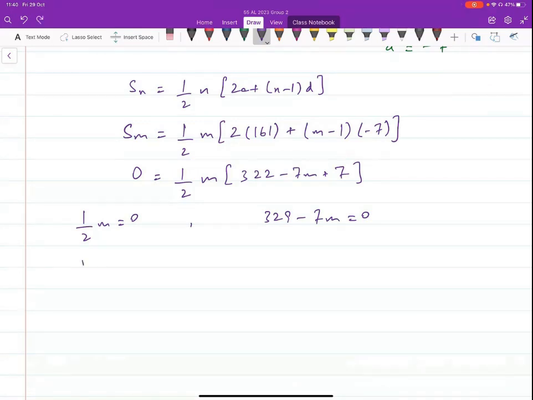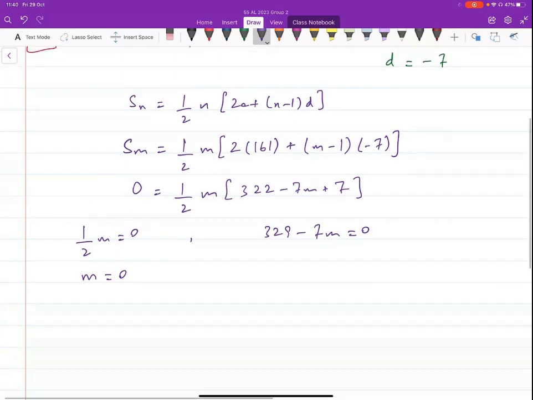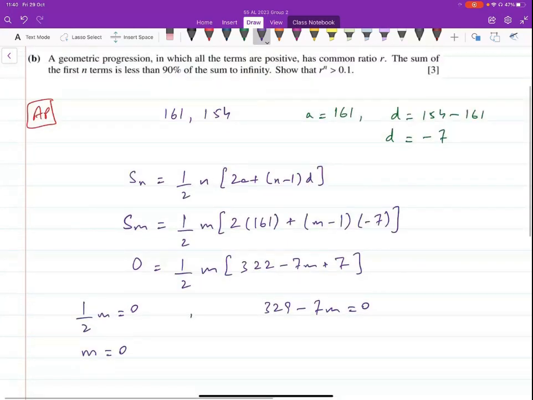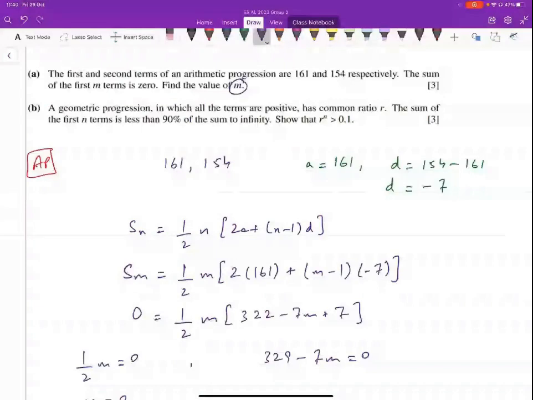From the first one, we get m equals 0. Well, is that possible? Can m be equal to 0? No. It cannot be 0 because m is the number of terms, right? M terms की बात हो रही है. Now, the number of terms cannot be 0.